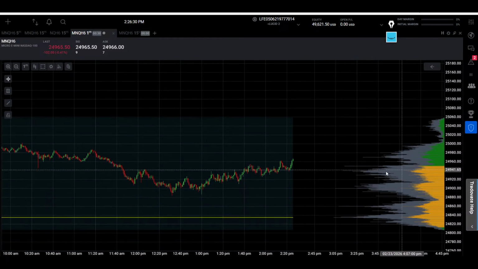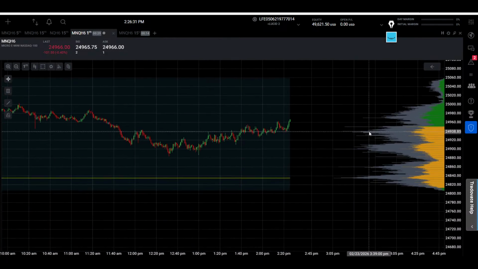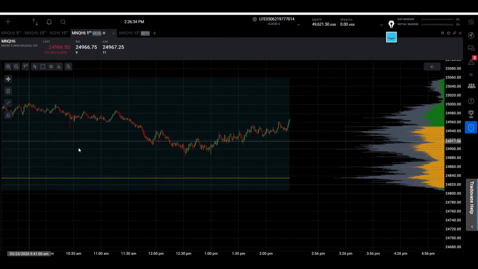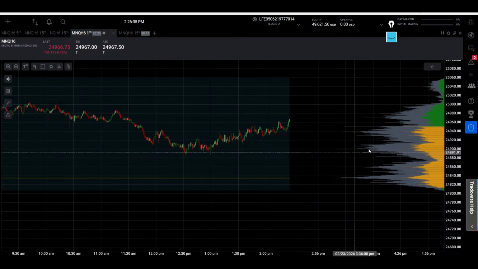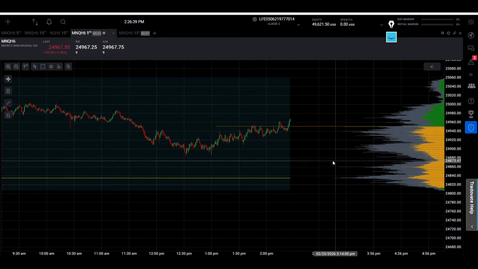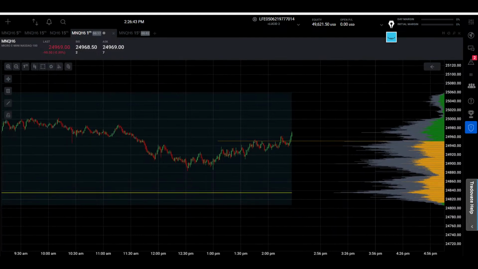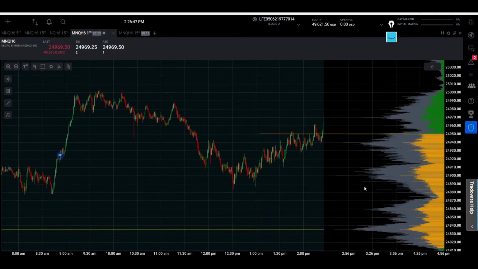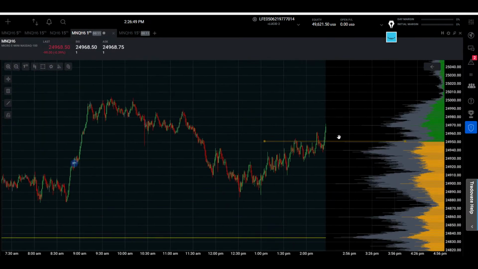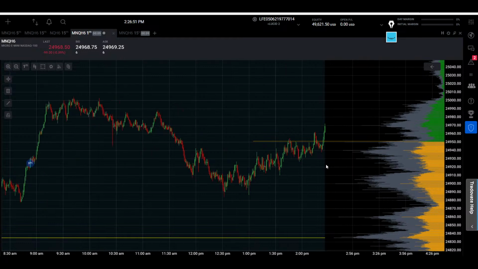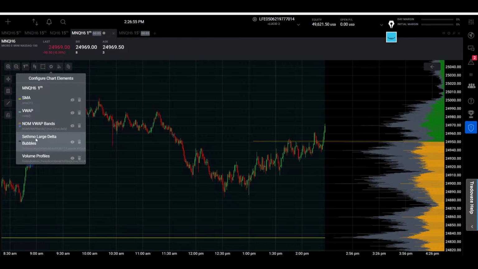and yeah, it shows me as well volume area high. That's volume area high, and it wants to break out, and it doesn't give me even big trades.